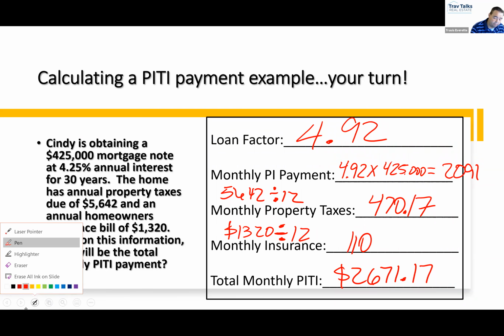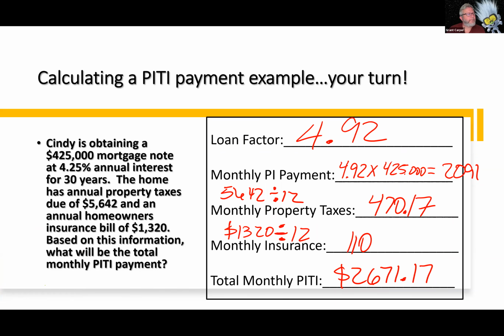Just add them all together. 2,091 plus the 470.17 plus the 110. That equals a total PITI payment of $2,671 and about 16 or 17 cents. That is how you fully calculate a monthly payment. How do we all feel there? Pretty good now? Okay.